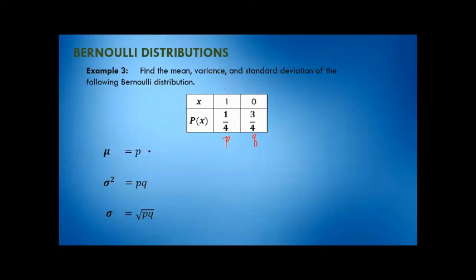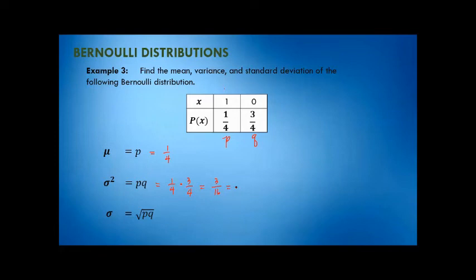Okay? Next. So the probability of success is also the mean. Therefore, mean is 1/4. And then, variance is the product of P and Q. So we have 1/4 times 3/4. The answer is 3/16.